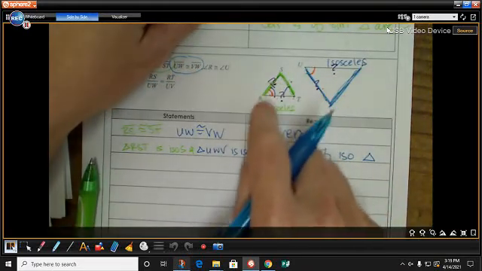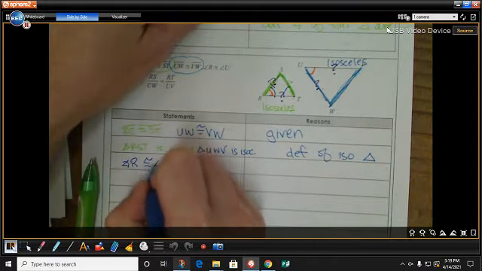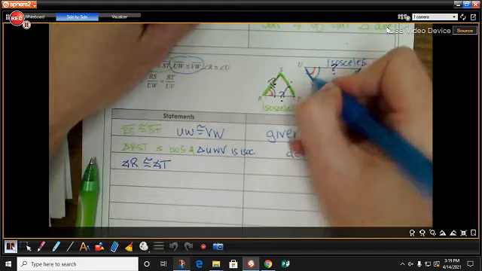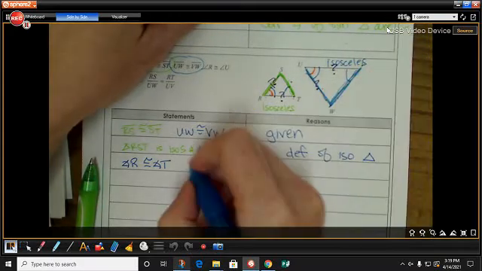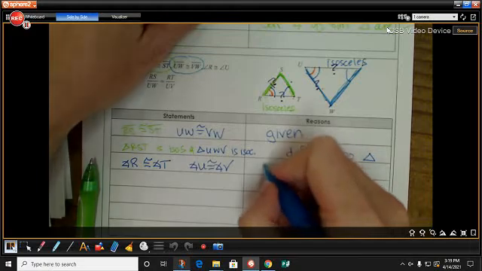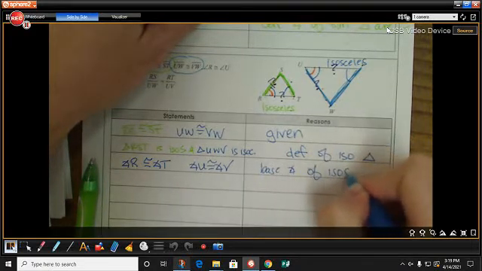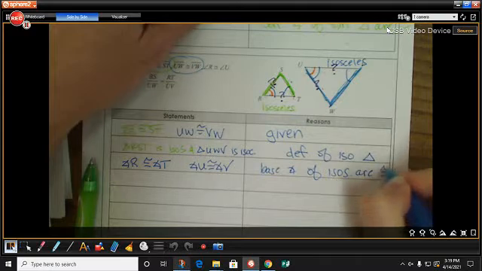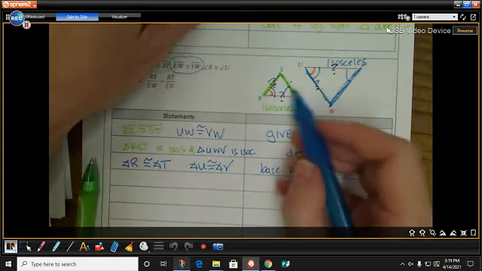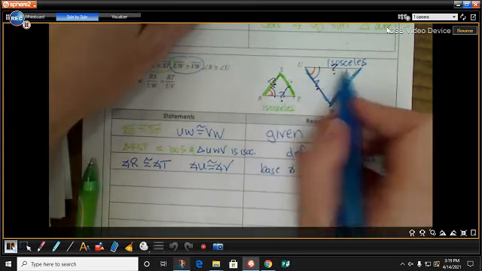So I can say that angle R is congruent to angle T. And then on this guy, I can say that angle U is congruent to angle V, because the base angles of an isosceles triangle are congruent. We did that back when we were doing isosceles triangles. And you're like, okay, great. Once again, I have the angles inside the triangle congruent.